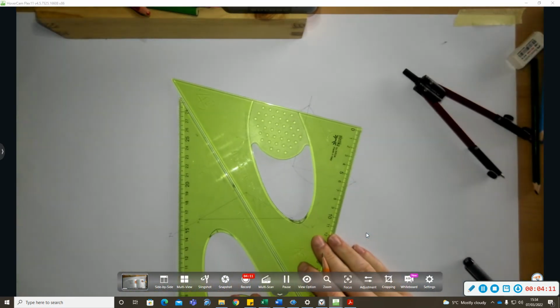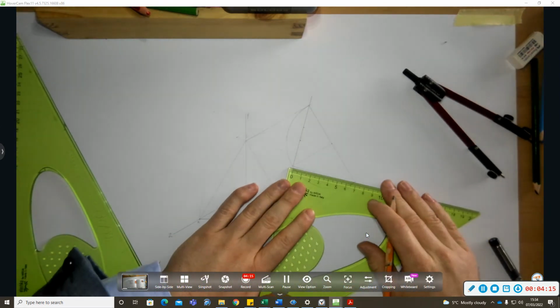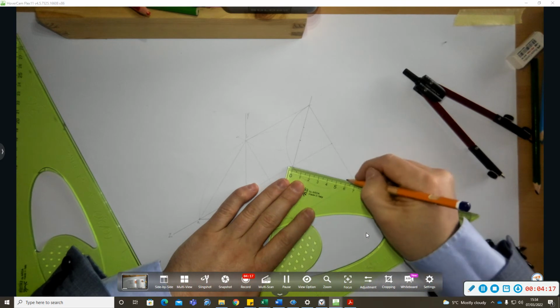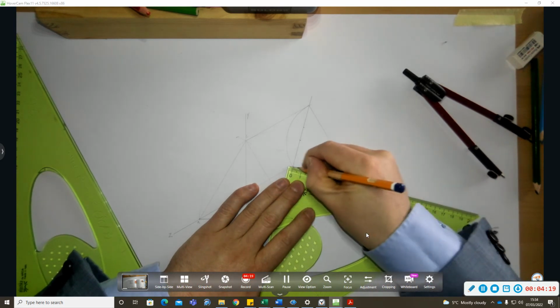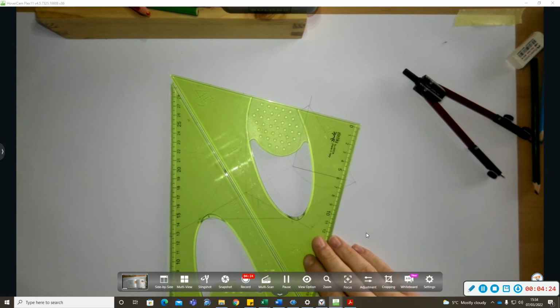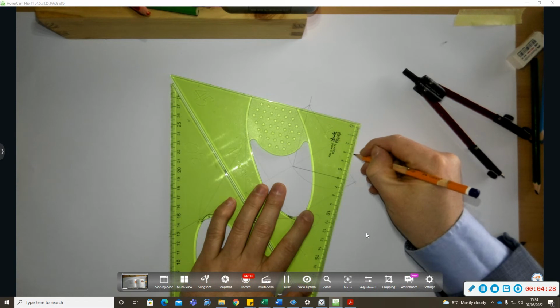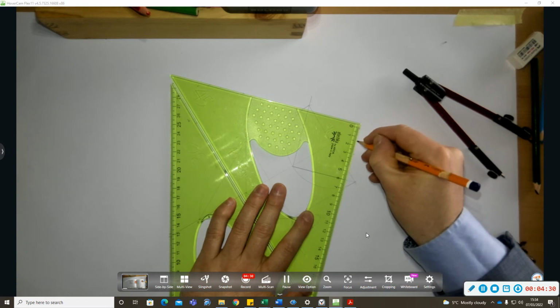So I can go over and do that here now. After I mark 60 along the bottom, it's 60 along the bottom because it's radius 30. So it's 30 and then a 15.